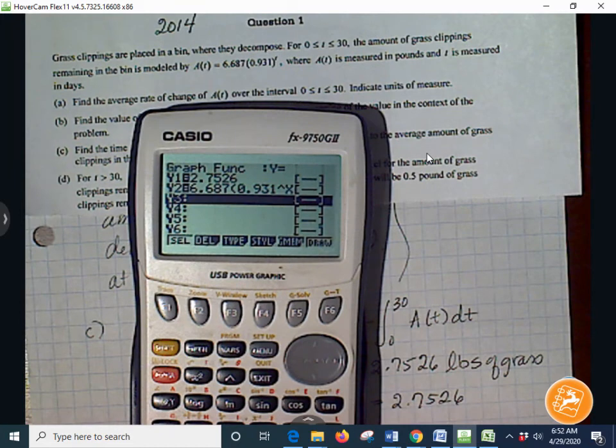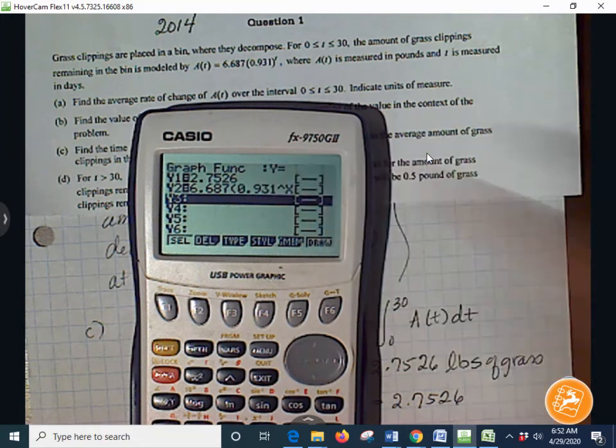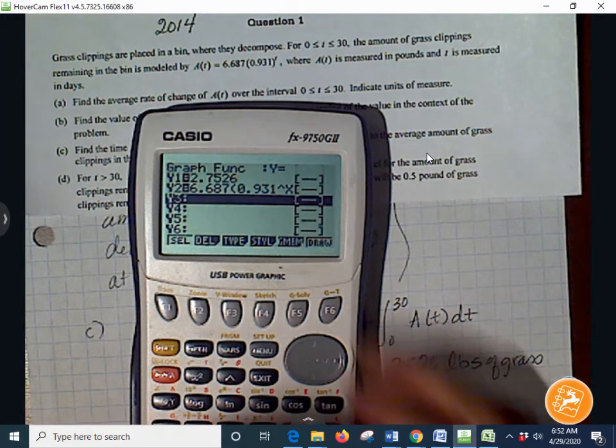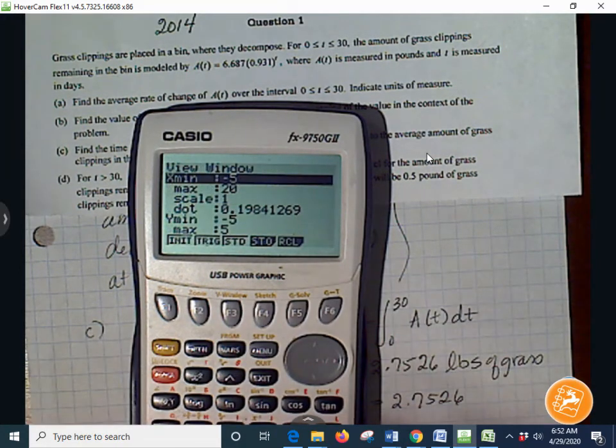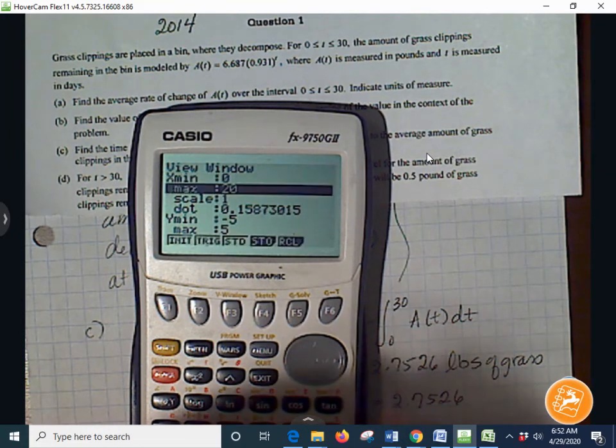So what I'm going to do is graph the function, and then graph a horizontal line. I want to make sure that I'm only looking at the interval that they're talking about, so I'm going to set my viewing window from 0 to 30.